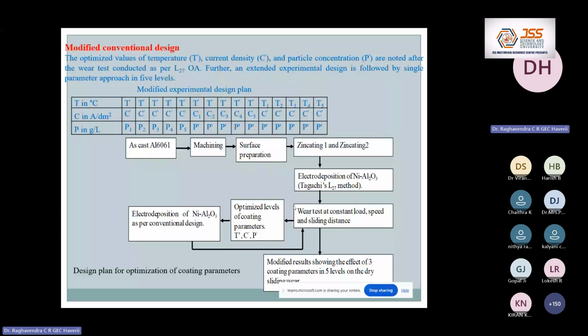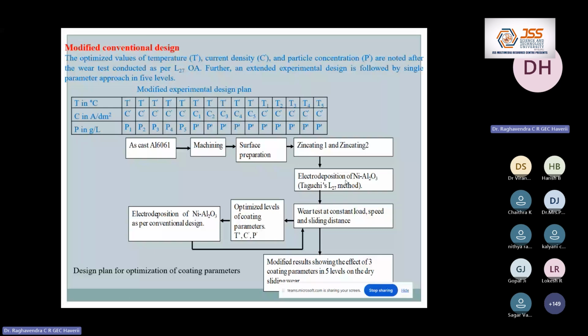I'll tell you, as I have 5 more minutes. Basically, if you take any substrate material like as-cast aluminum 6061, we machine it and prepare it for the coatings. Then we go for zincating 1 and zincating 2, and electrodeposition with the Taguchi L27 method with 3 coating parameters.